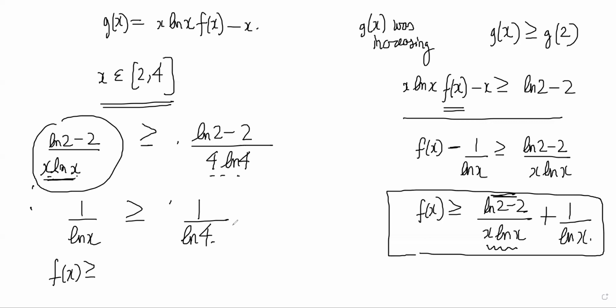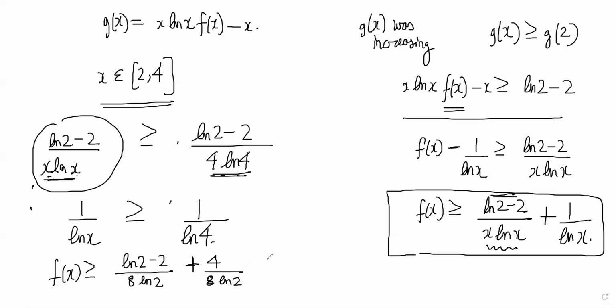So now we simplify this. f of x is bigger than ln 2 minus 2 by 4 ln 4, which is 8 ln 2, plus 1 by 2 ln 2, and this is 4 by 8 ln 2.